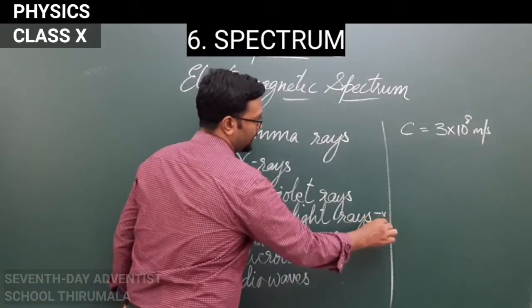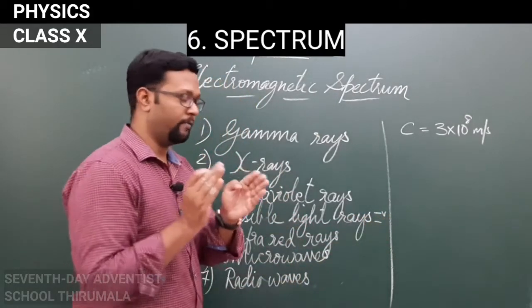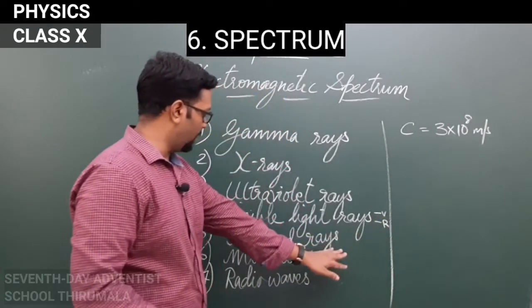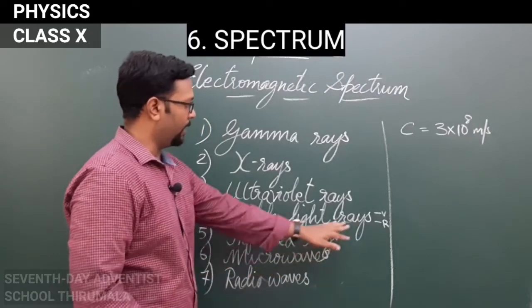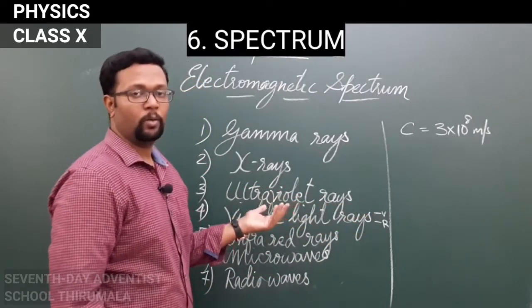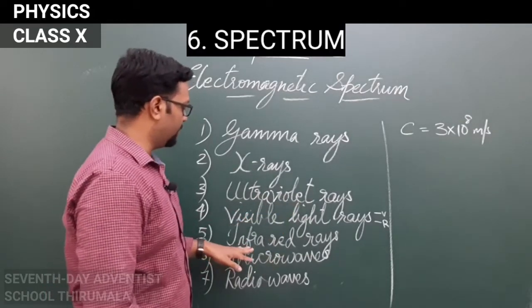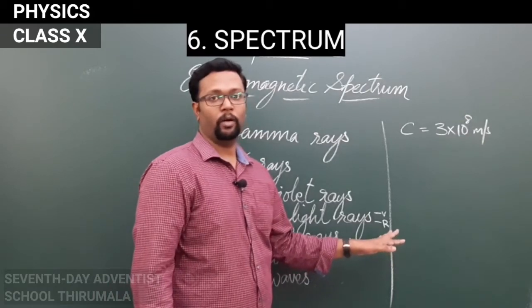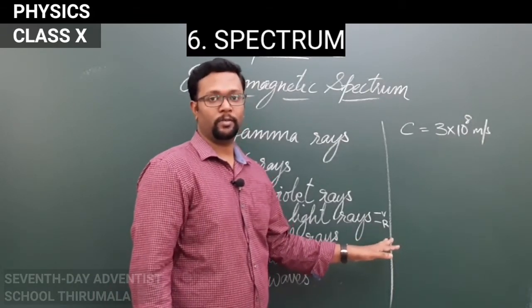Here comes violet, which has the shorter wavelength, and here comes red. So what is after red? That is infrared, and above violet we have ultraviolet. First we will discuss how infrared rays were discovered, and what their characteristics and uses are.